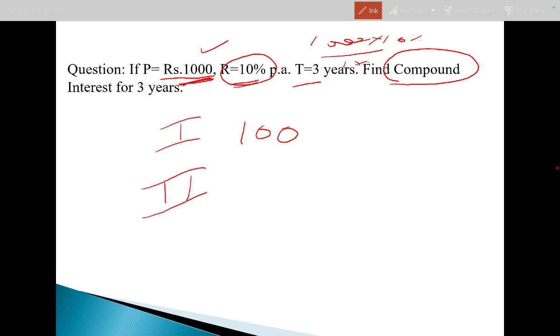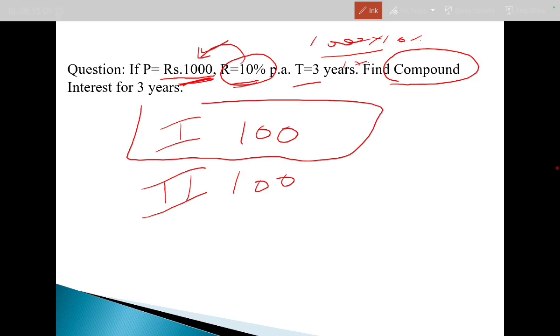I'll first get 10% of the principal, that is 100 rupees, and I will also get interest on the interest which I have received earlier, which means in the previous year I received 100 rupees as interest. So here I will get 10% of this also, that is 10 rupees, right?